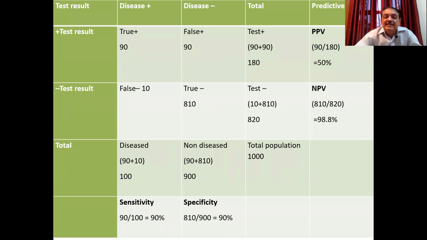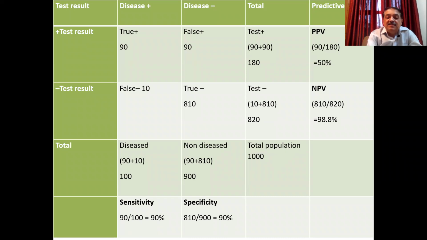In the second row, if we see the negative test result, we see that 10 people are false negative and 810 are true negative. So total negative test results are basically 820, and out of 820 negatively tested, true negative are 810. That means 98.8% negative predictive value is there.